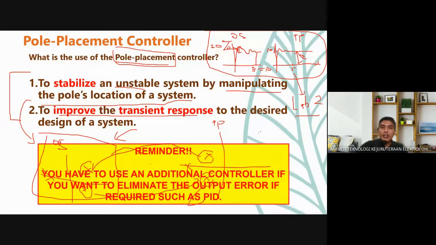However, when you look at the yellow box here, this is your project. So you need to design the pole placement controller. However, the pole placement controller does not help to solve the error problem. So you need to apply another controller such as PID, whatever you want, in order to eliminate the error.